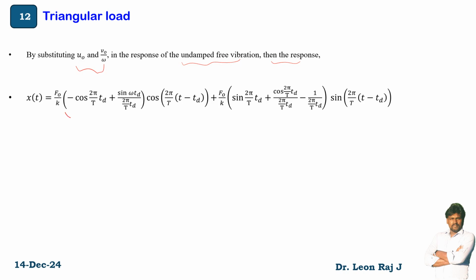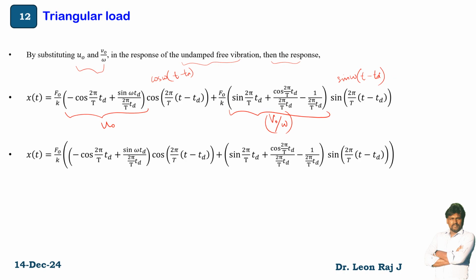This whole term is nothing but u0, and this whole term is nothing but v0 by omega. So this is nothing but cos omega t minus td plus sin omega t minus td. This is the response.